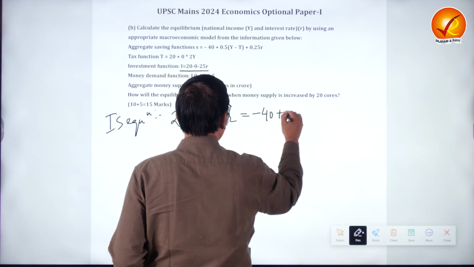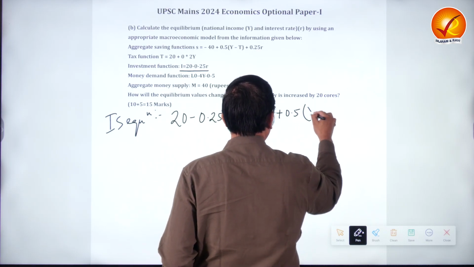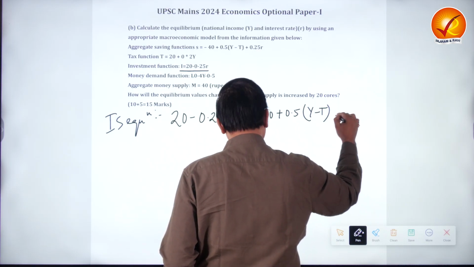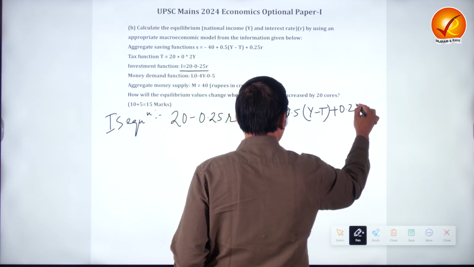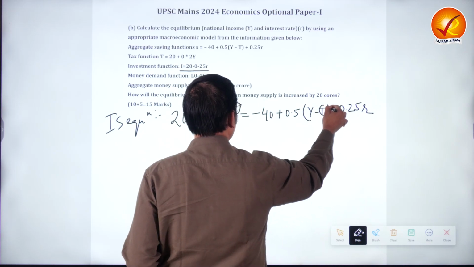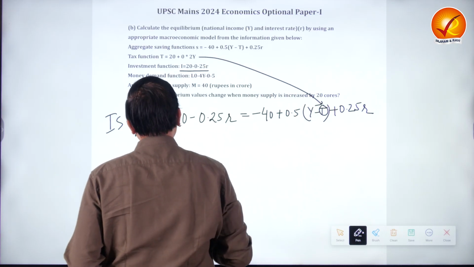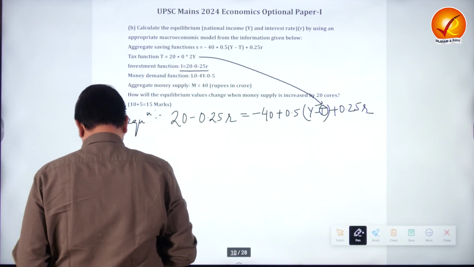Minus 40 plus 0.5 (Y minus T) plus 0.25R. Now this T function is also given, so just replace it, which is 20 plus 0.2y.